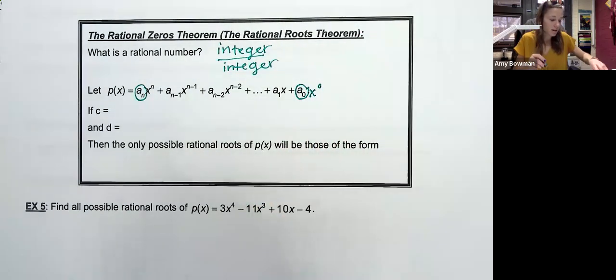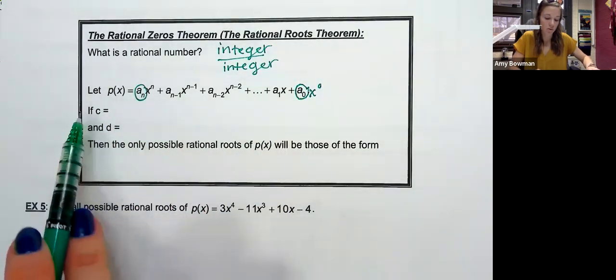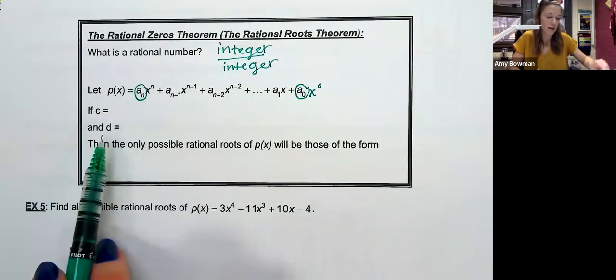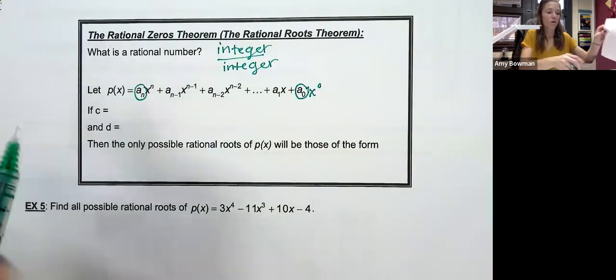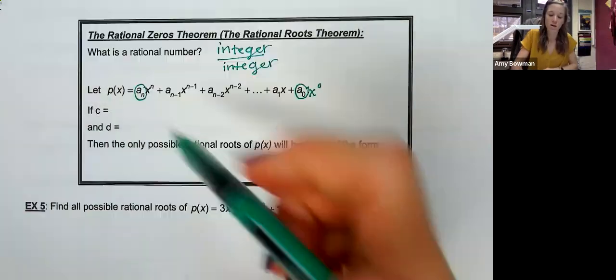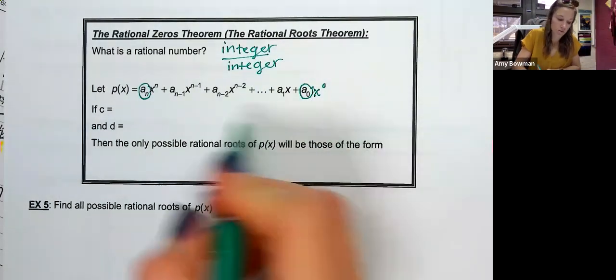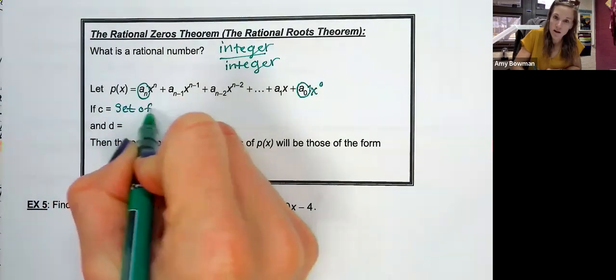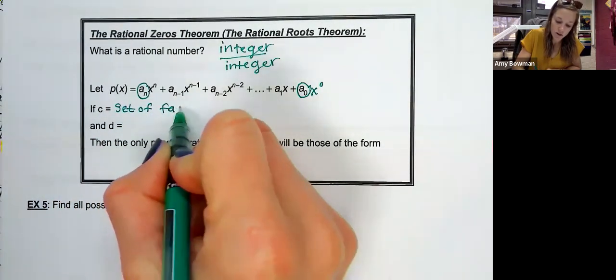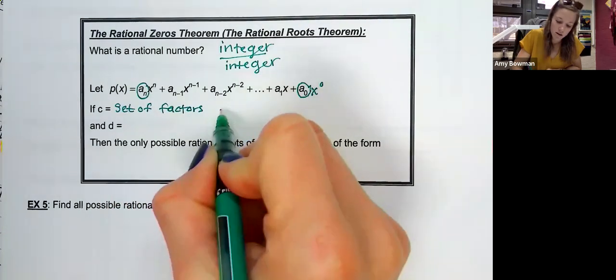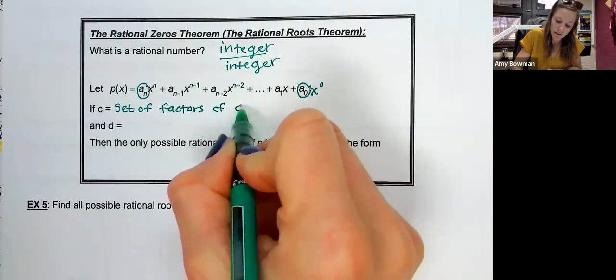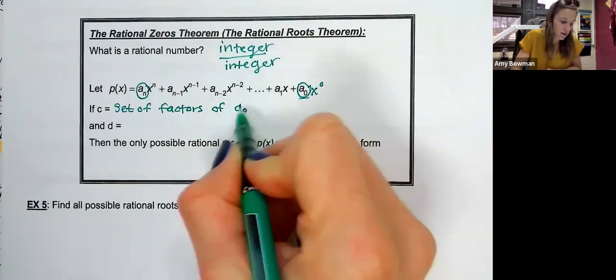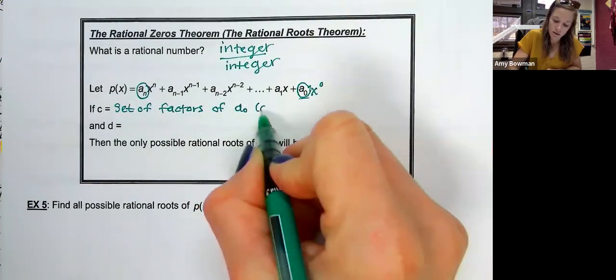And if we're talking about these two numbers, the C is going to represent the set of all of the factors of this constant. So C is the set of factors of a sub 0, which is just that last constant, so the constant term.